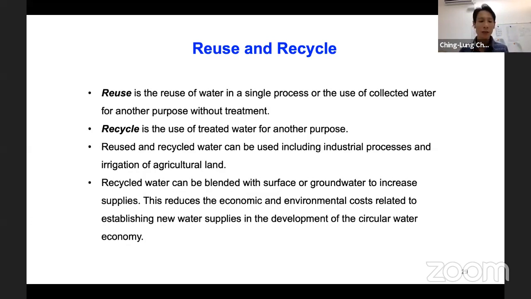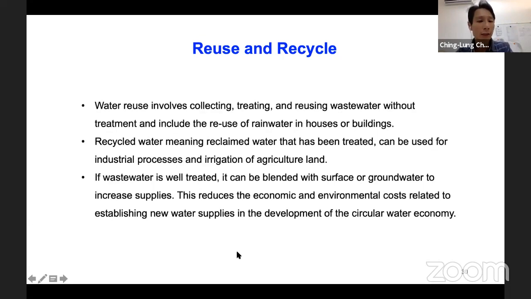Okay, and this will reduce the economic and environmental cost related to establishing a new water supply in the development of the circular water economy. And then water reuse involves collecting and reusing wastewater without treatment, and includes the reuse of rainwater in houses and buildings.